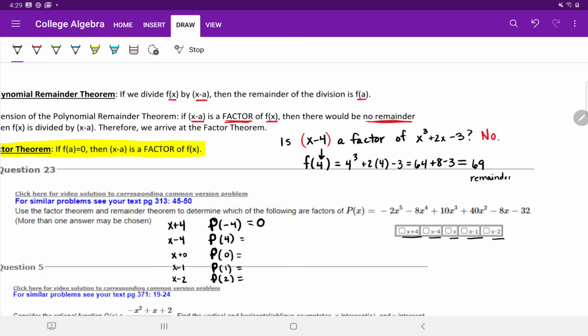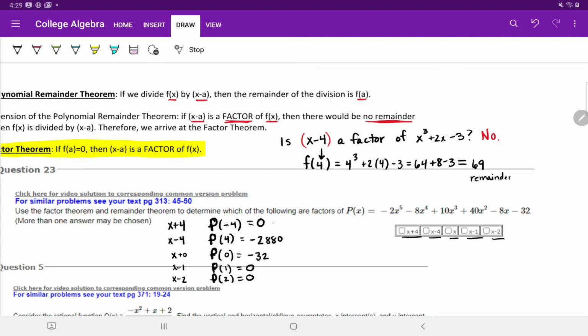When I plug in 4, I get negative 2,880. When I plug in 0, I get negative 32. When I plug in 1, I get 0. And when I plug in 2, I get 0.